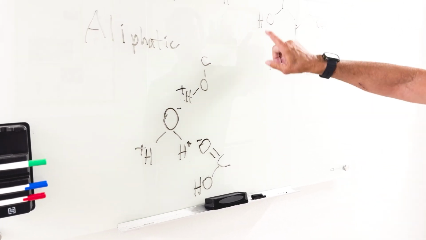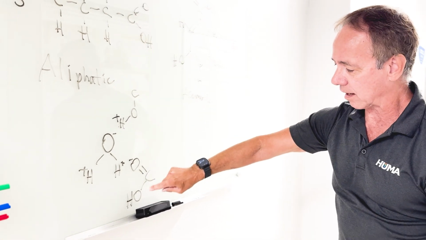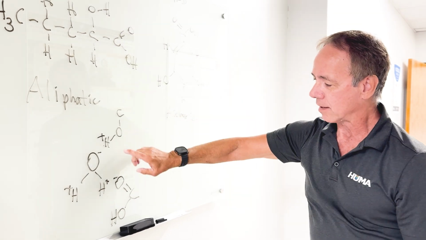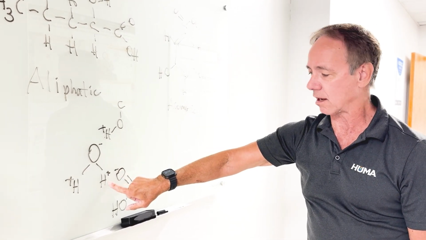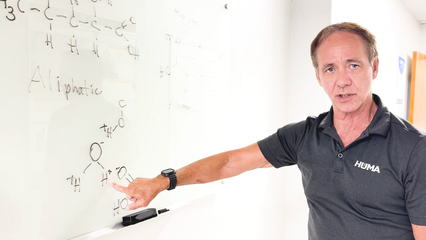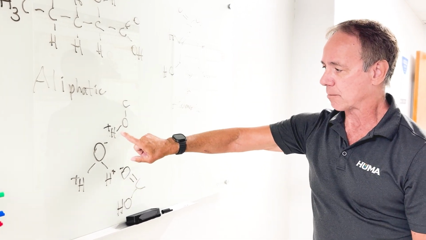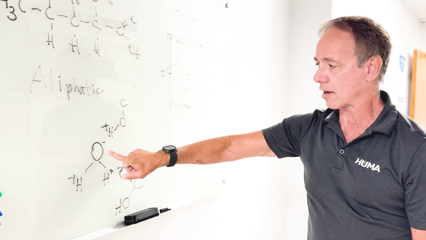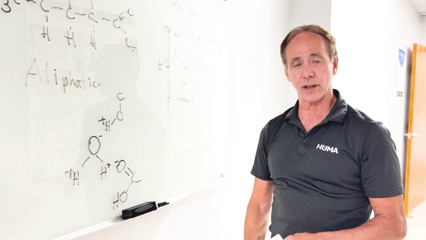Well, these functional groups in the humic materials, as I've shown here, the phenolic hydroxyl, I call it the alcoholic group, the negative charge on the oxygen can bind to the hydrogen positive charge in water. And same thing with the carboxylic acid, the positive charge on the hydrogen can bind to the negative charge, the oxygen. And this makes these molecules soluble in water.